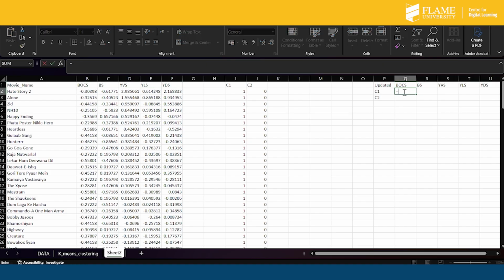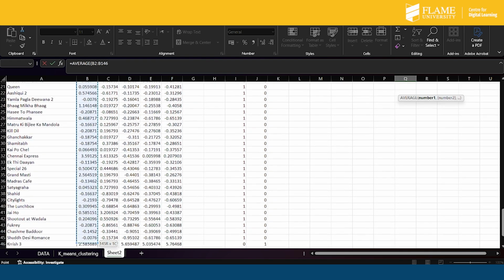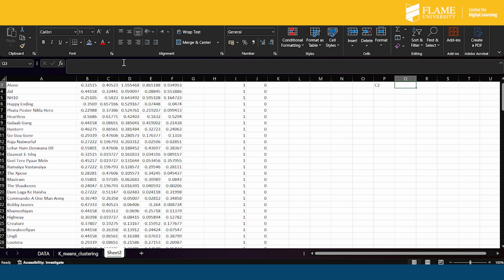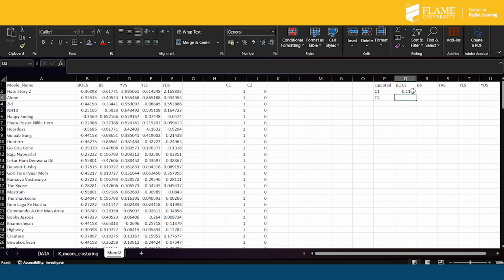So write equal to average. Again the same thing, you have to consider all values till 1. Then hit enter. So this is the new centroid for your new cluster.